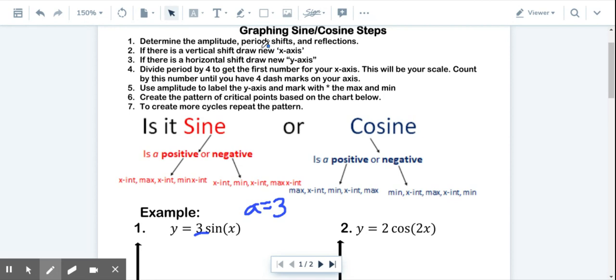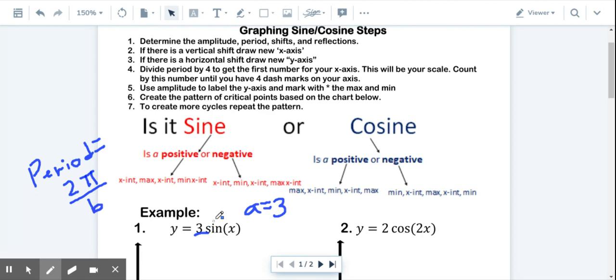The period is going to be 2 pi over b. So to find period is always 2 pi over b. Write that on the side here. Very important formula. And b is the number in front of x. So a is the number in front of sine, b is the number in front of x.